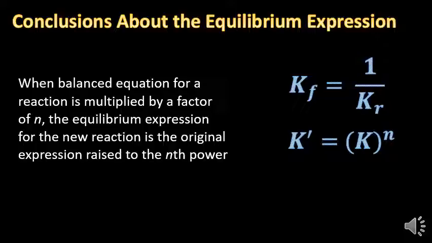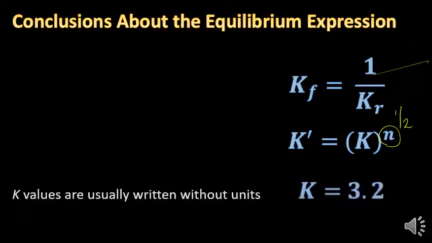So that meant K was raised to the 1/2 power. And if you raise it to the 1/2 power, that's really the same thing as the square root. And no units for K. No units for K. Hooray.